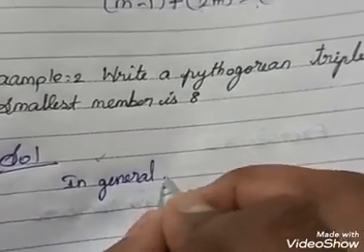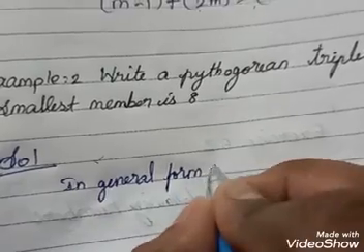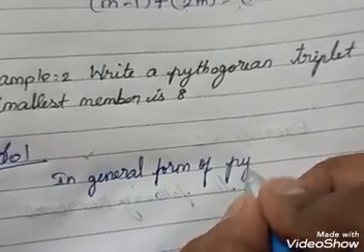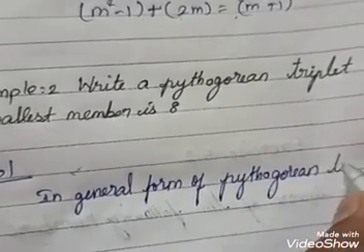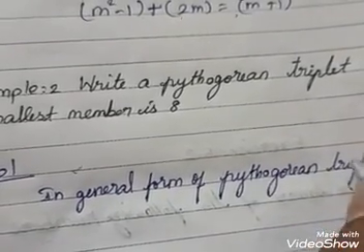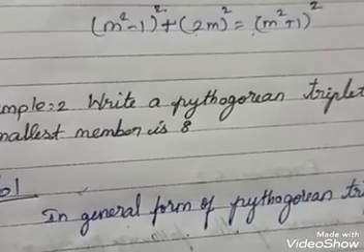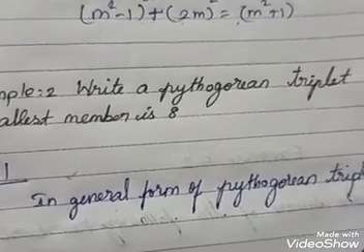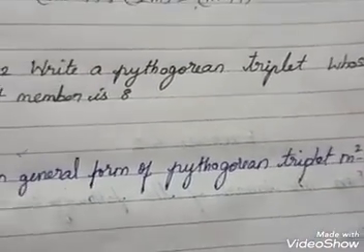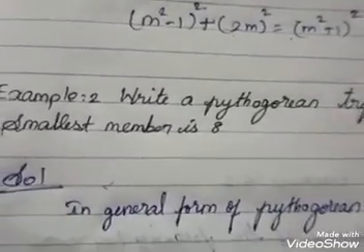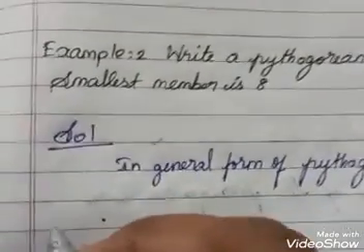General form of the Pythagorean triplet: what is that? m square minus 1, 2m, m square plus 1. Now I take the smallest member first.